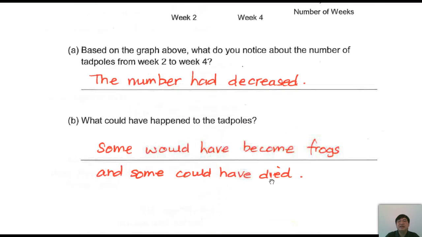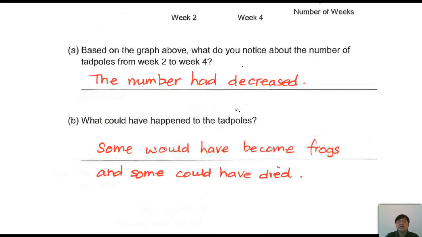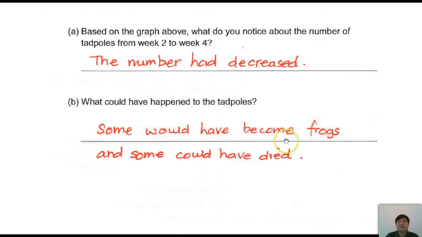Second, what could have caused this to happen to the tadpoles? Some would have become frogs and some could have died. It does not mean every tadpole would successfully become a frog, 100%. Some could have died. When they became frogs, there are no longer any tadpoles. That answers why there's a drop in the number of tadpoles. Two possible answers: some could have died and some could have become frogs.